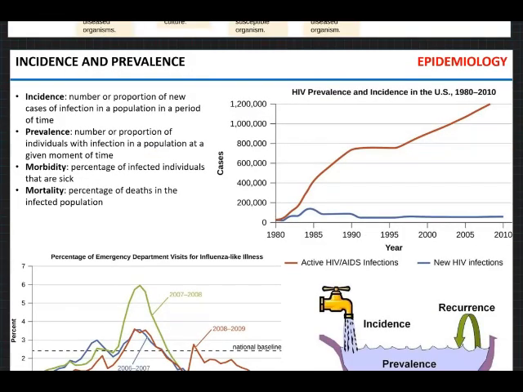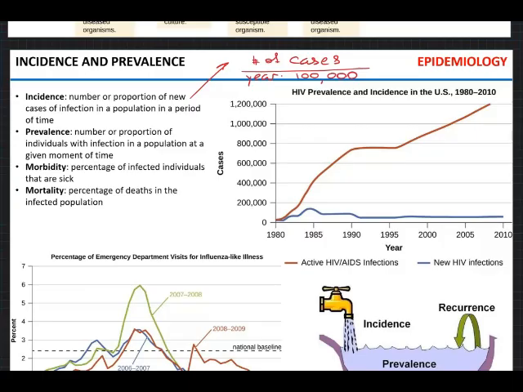Okay, incidence and prevalence. Finally, I can clear my name. So incidence. I'm going to give you units, okay? Number of cases, usually per year. You can use any time frame. Per year, per 100,000.